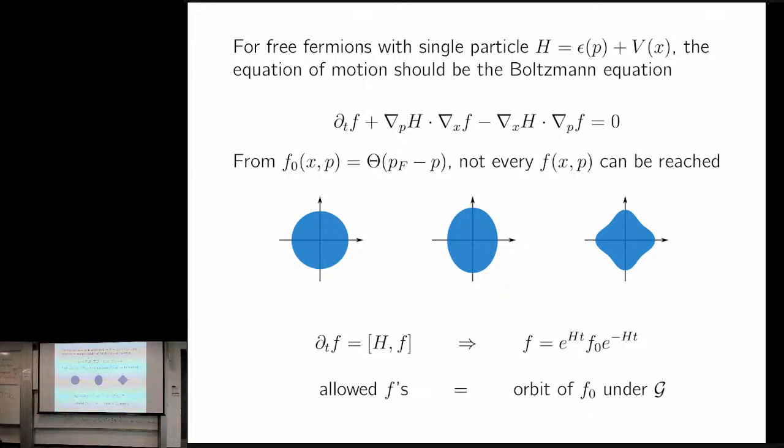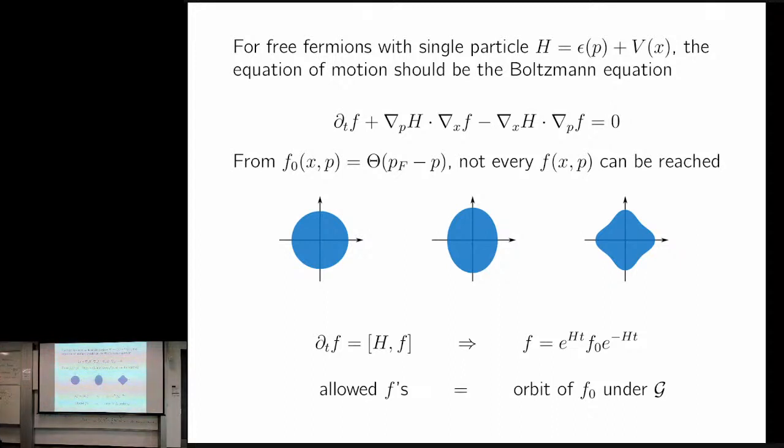We see that the states we can access correspond to the orbits of our initial state, our seed state, under some group. This group G is the group whose algebra is given by Poisson brackets. This group turns out to be the group of canonical transformations. Canonical transformations are generated by functions of x and p, and their algebra is just Poisson brackets.